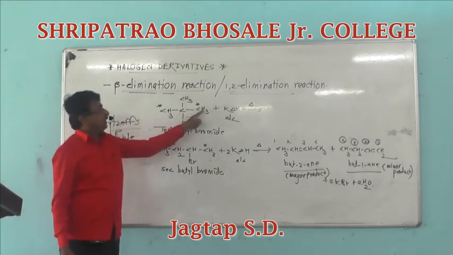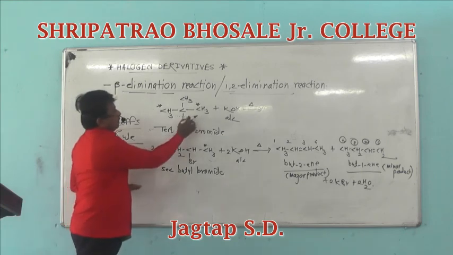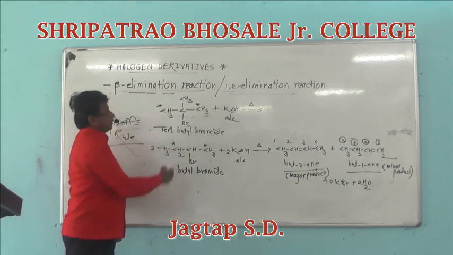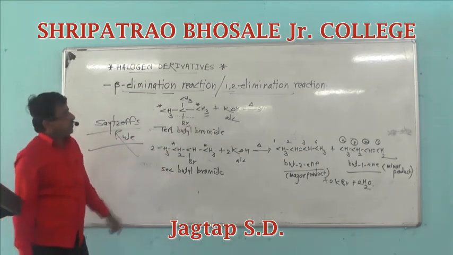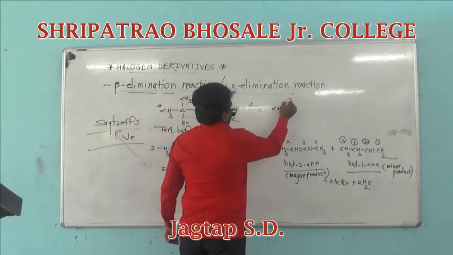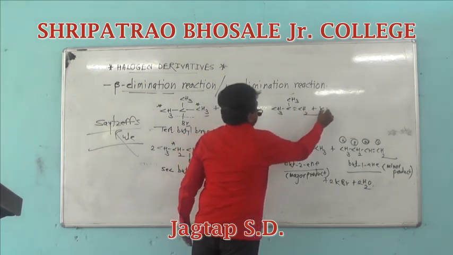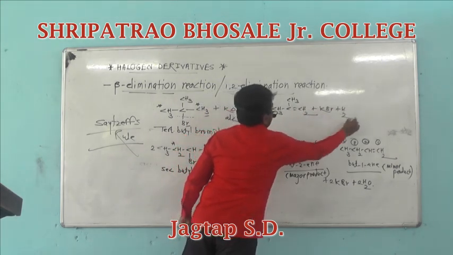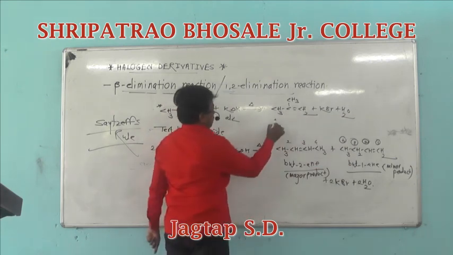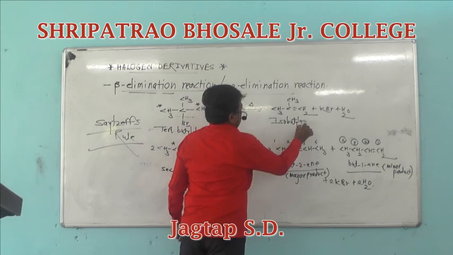Both these carbon contain same number of hydrogen atoms. So, removal of hydrogen halide takes place from adjacent carbon atom to give corresponding alkene, isobutylene, along with potassium bromide along with H2O. The name of product isobutylene.